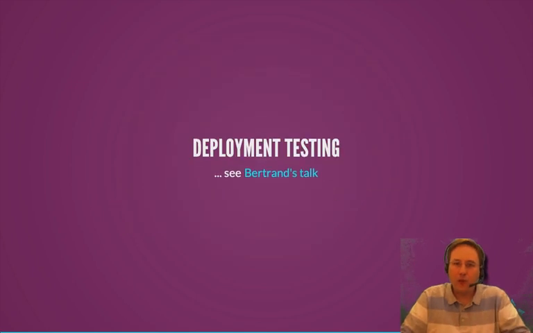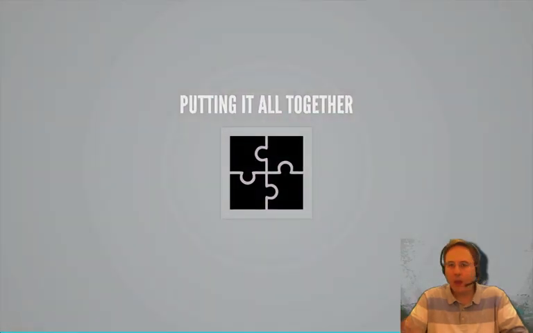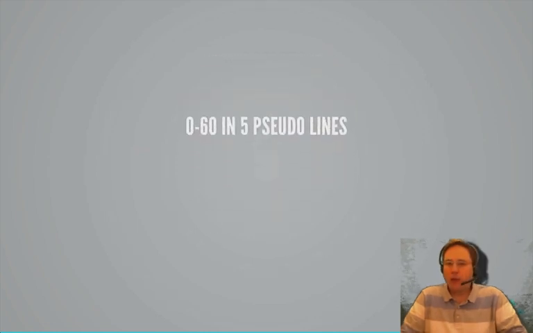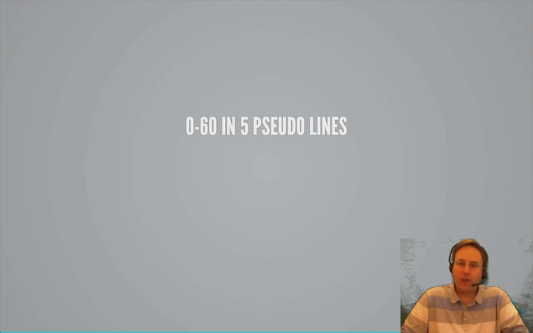And for more information on testing your deployment and making sure it's healthy, you should take a look at Bertrand's talk from CQCon 2013. So let's put it all together. We'll go from 0 to 60 miles an hour in 5 pseudo lines of code for building our typical CQ project.